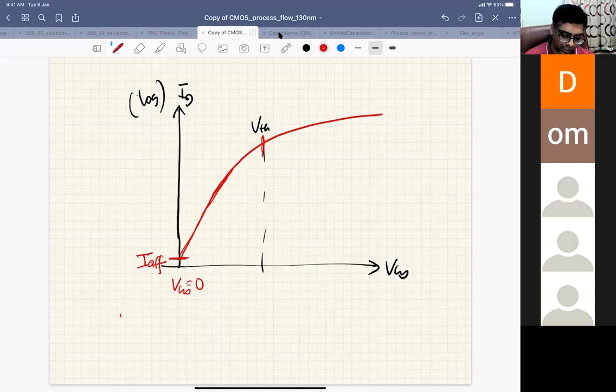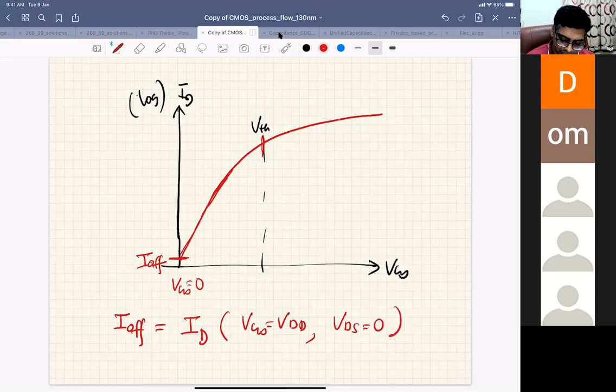And off current we defined in the last class. Off current is nothing but your drain current when your VDS equal to VDD and your VGS equal to 0 volt, right? That is your off current.